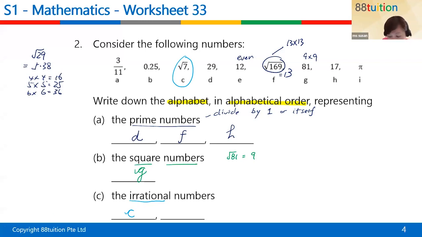One more, a very obvious one. Pi. Why pi? The reason is because it has a lot of numbers like 3.142. This one is very long and unlimited. Unlimited means what? 1, 4, 2, 8, 5, going on until the end. Not the end, no end, endless. So these are the prime numbers, square numbers, and irrational numbers the question is asking for. All right, any questions?